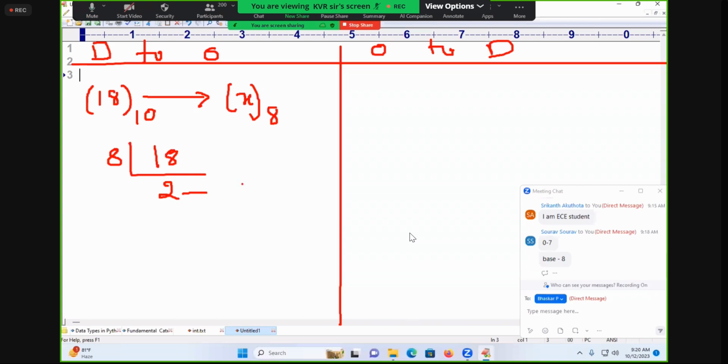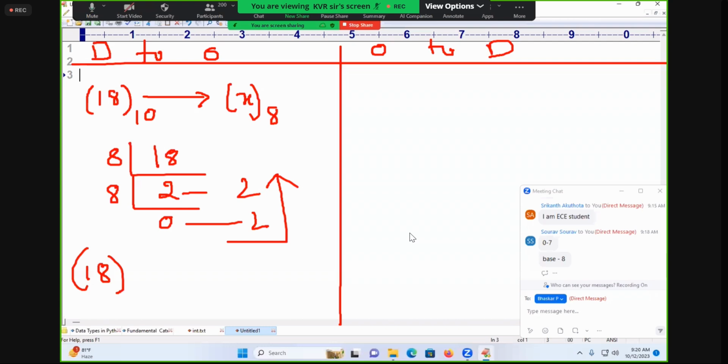What is the remainder? 2. And next, 8 into 0. What are the values I need to take? 0, 2, 2, I need to take it. Hence, 18 of base 10, a decimal number, is converted into 22 of base 8. Understood?